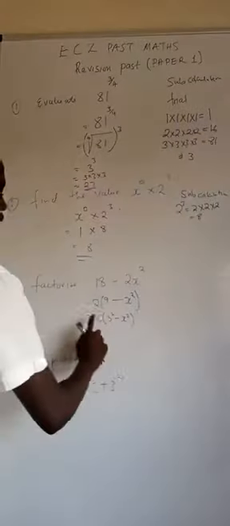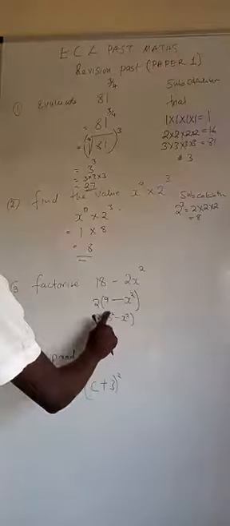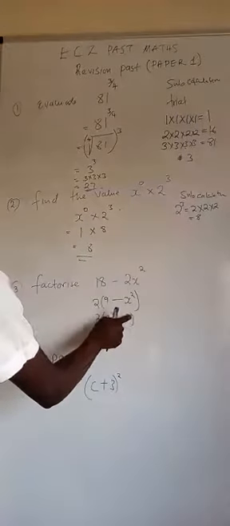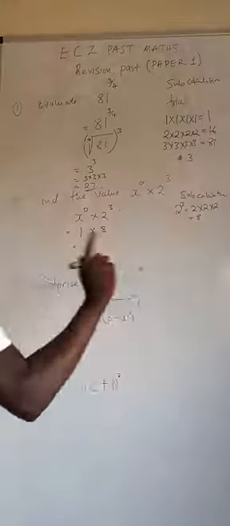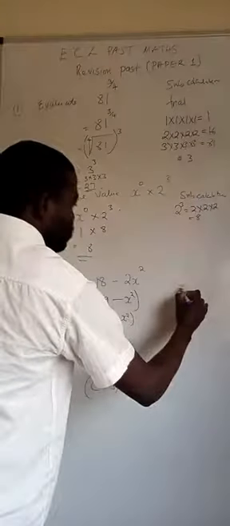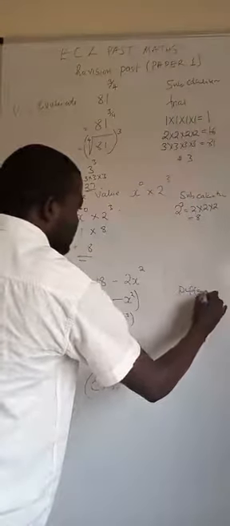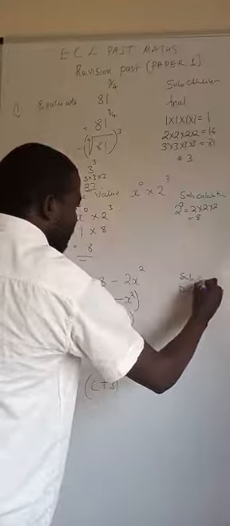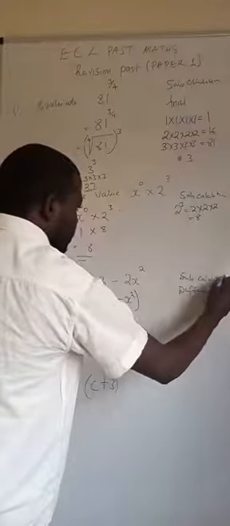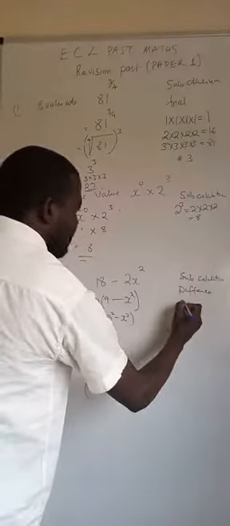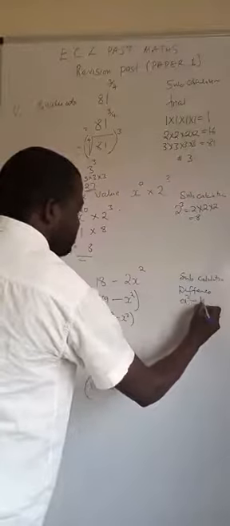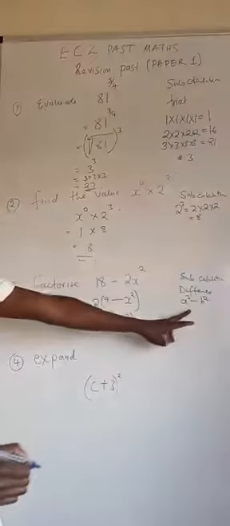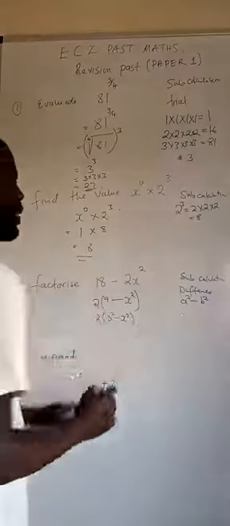So, this one is a difference of two squares. The square of 3 and the square of 2. You remember what I taught you guys? The difference of two squares, this is a subcalculation. If they give you a squared minus b squared, how do you express this as a difference of two squares?